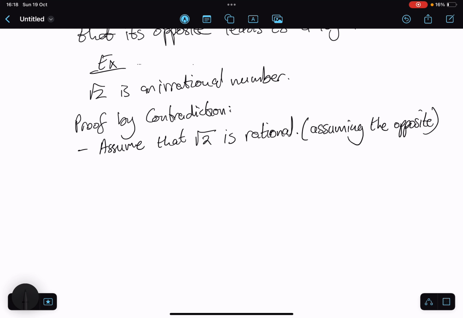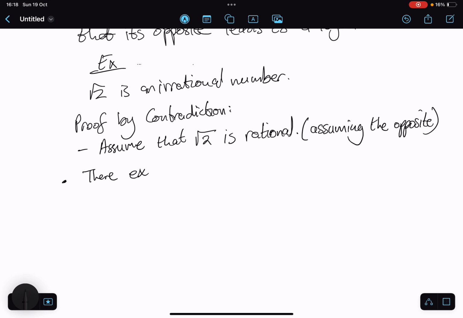And then from here, how do you prove this one? We are going to take advantage of the arithmetic way of proving this.